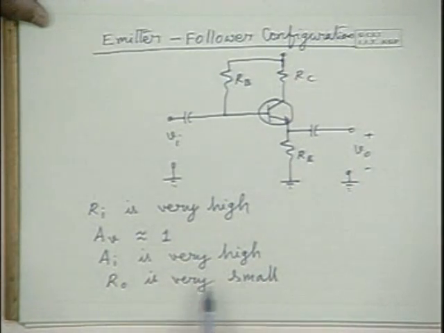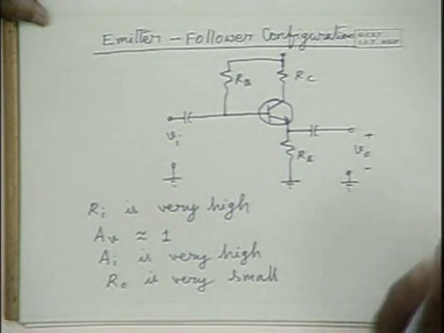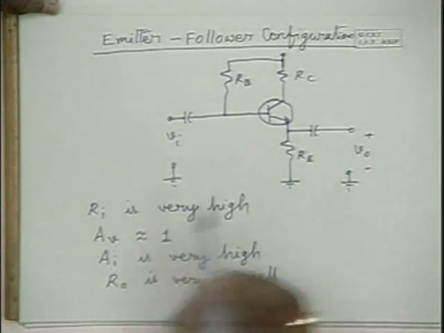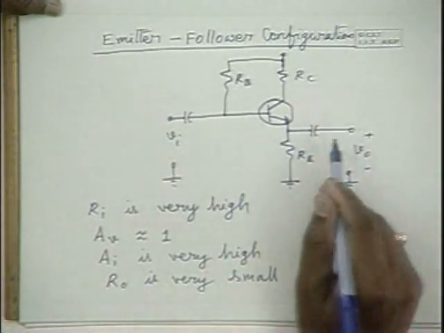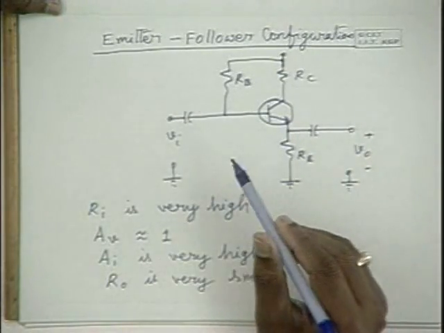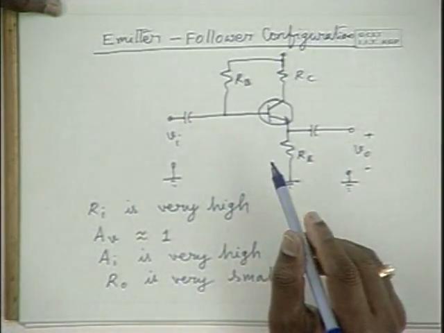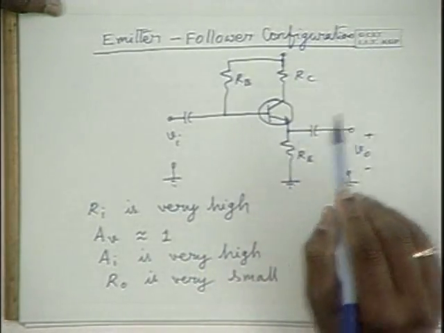And because of this reason, that Ri is very high and R0 is very small, this circuit is typically used for matching between a load and an amplifier. For instance, in an audio amplifier, in a public addressing system, you drive loudspeakers with the amplifier signal, and for the loudspeakers usually the impedance is very low.